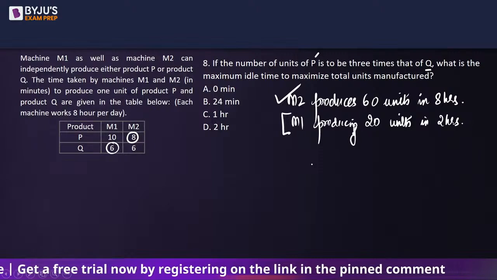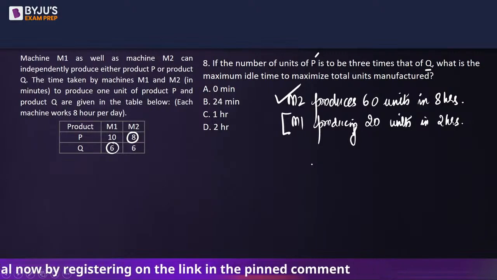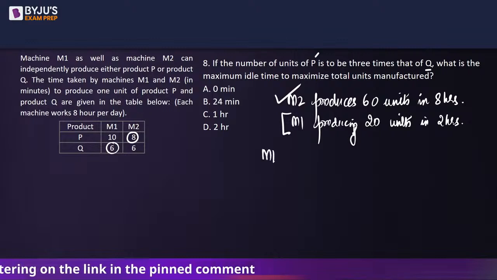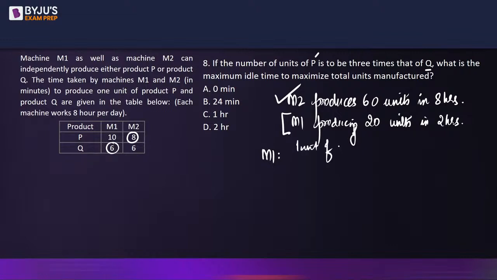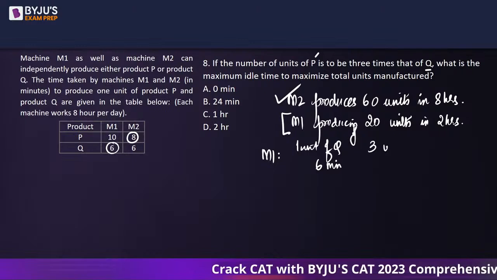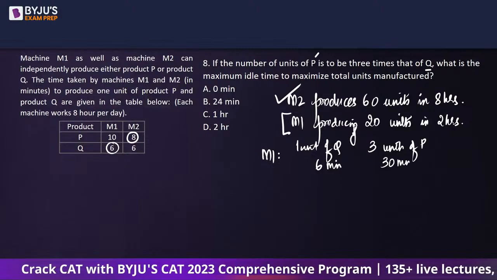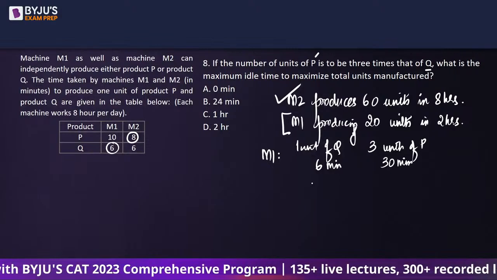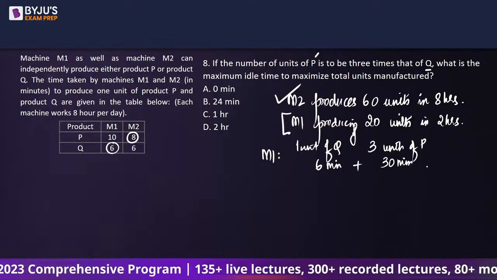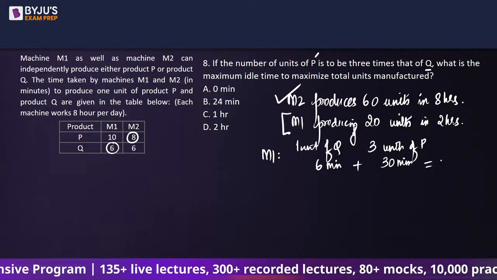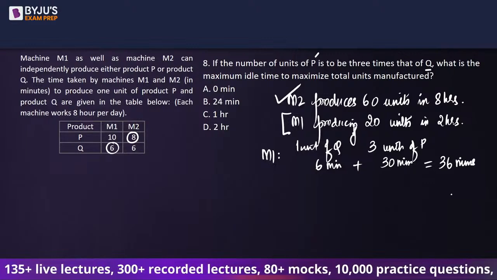If M1 has still 6 hours to go, what M1 will do is, it will produce 1 unit of Q in 6 minutes, and it will produce 3 units of P in 30 minutes. So the time taken for M1 alone to keep that ratio is 36 minutes for every pair.